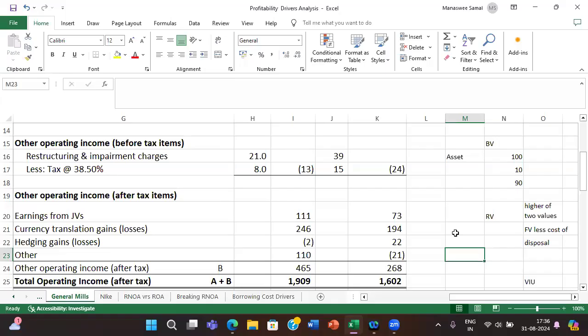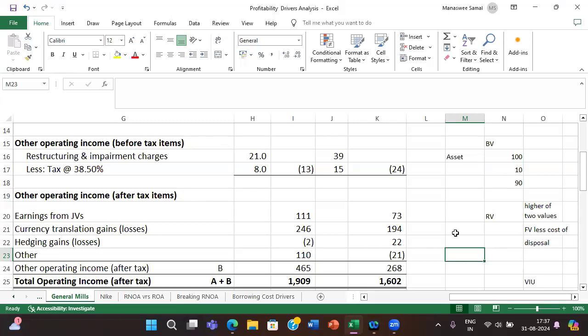Example, as per the contract with my buyer, I am supposed to dismantle the machine and then load it. That much cost is on me as per my contract with the buyer. Let us assume that costs me 50,000 rupees, dismantling and loading cost. So obviously I can say that's the cost of disposal.